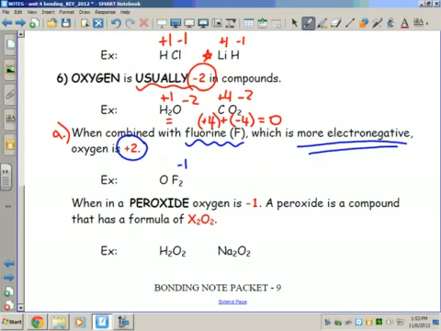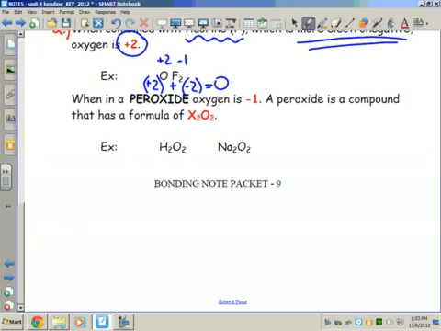So -1 for the fluorine times 2 gives us a -2 overall on the fluorines. That means whatever the charge on oxygen, it must add up to 0 when we combine it with the -2 from the two fluorines. So that means in this case, oxygen is +2, giving us an overall charge of 0. So one exception is when it's combined with fluorine, because fluorine is the only element on the planet more electronegative than oxygen.